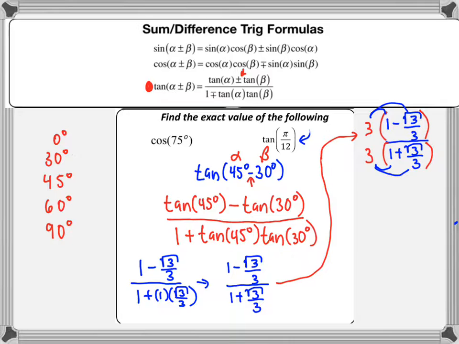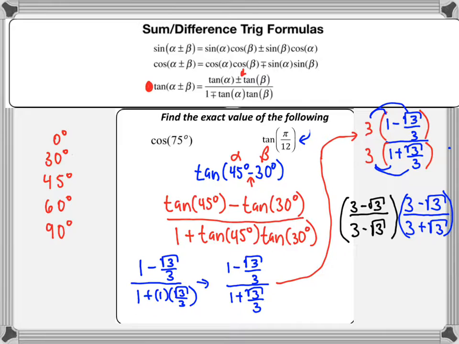That gives me 3 minus the square root of 3 all over 3 plus the square root of 3. Now the only way to get rid of the square root on the bottom is to multiply the top and the bottom by the conjugate. So let's do that.